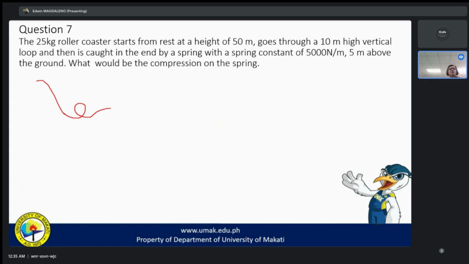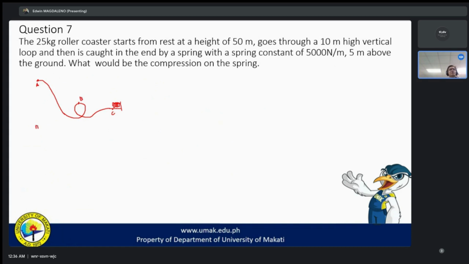So the loop doesn't have any effect. I don't know if I have mentioned it before, but the loop can be disregarded because if we have point A here, point B here, and point C here, the total energy at point A should be equal to the total energy at point B, which should be equal to the total energy at point C.